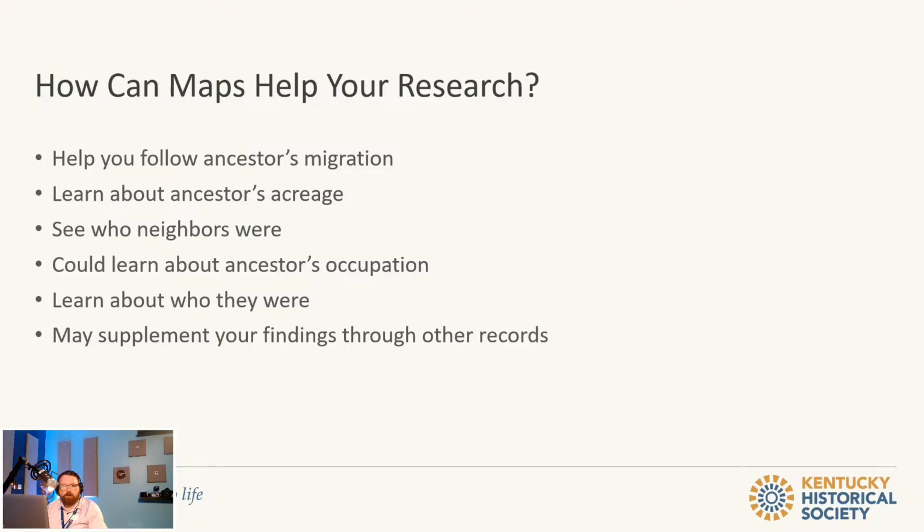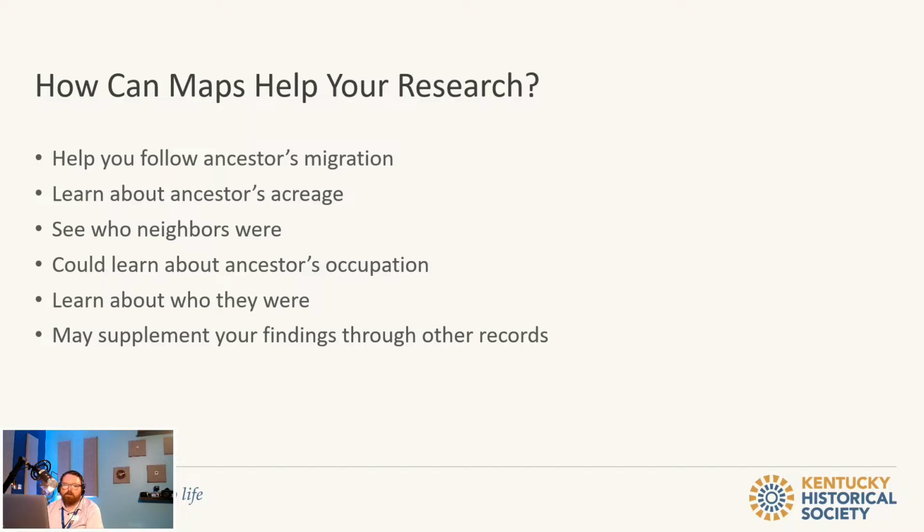You could also learn about your ancestor's occupation, like some of the other maps I've talked about. You may see that a certain industry was very big in the area that your ancestor was living in, or in the atlas for Henry County and Shelby County, there may be some kind of chart on the map that includes information about what their occupation was.